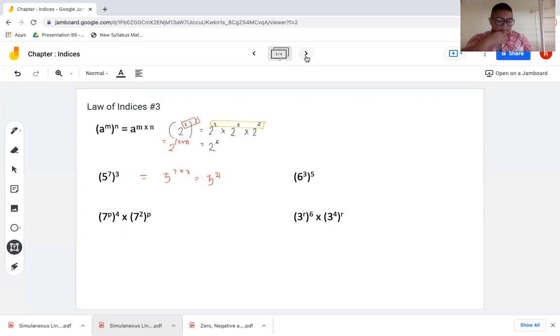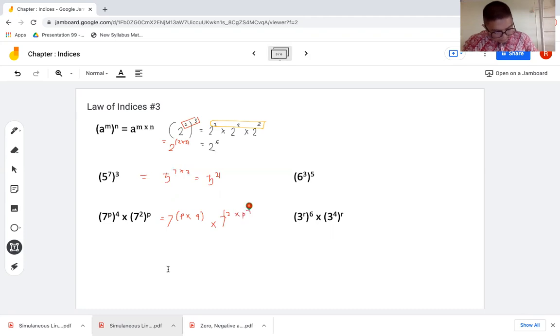All right. Now, in this case, if you are going to see this kind of calculation, what you will understand is that we are going to have a variable with the exponent. So there's nothing to worry about that. When you encounter that, this would only mean that you have 7 raised to p times 4, and then the other one tells you that you have 7 raised to 2 times p.